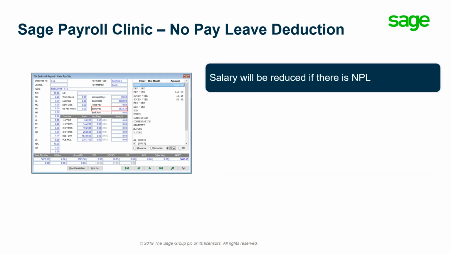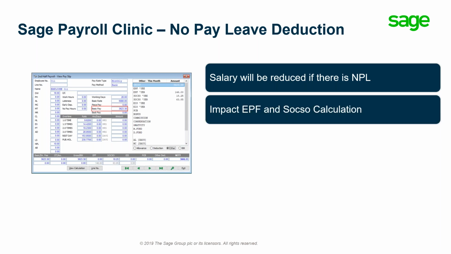Once you apply the no pay leave in the system, the salary of the employee will be reduced depending on how many days or hours of no pay leave you enter. Since the salary will be reduced, it has an impact on EPF and SOCSO, so the amounts computed for EPF and SOCSO will also be reduced.